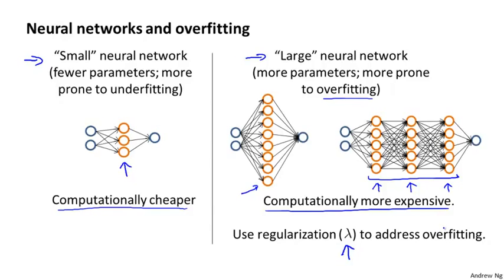But if you want to choose the number of hidden layers, one other thing you can try is find yourself a training, cross-validation, and test set split, and try training neural networks with 1 hidden layer, with 2 hidden layers, with 3 hidden layers, and see which of those neural networks performs best on the cross-validation set. So you take your 3 neural networks with 1, 2, and 3 hidden layers, and compute the cross-validation error J_cv on all of them, and use that to select which of these is the best neural network.